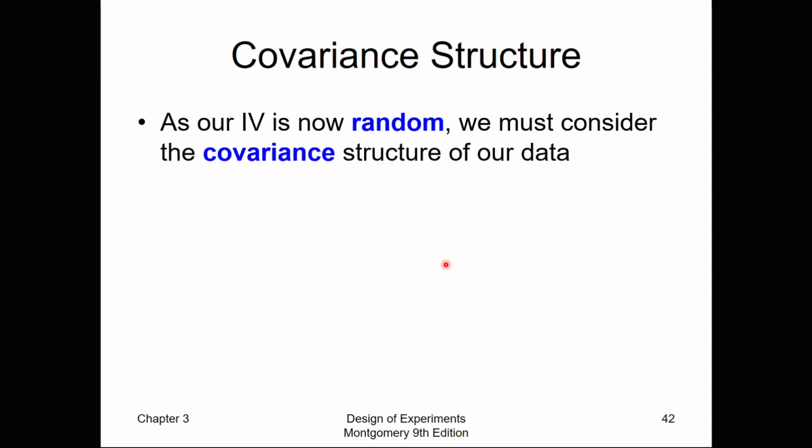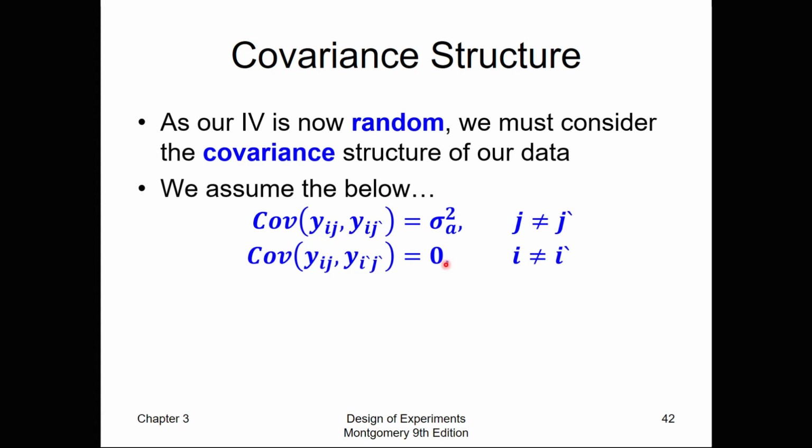Now, because of this, we have to look at covariance in the data. So we're going to assume these below covariance structures. So the covariance between an observation and an observation within the same group is the within group variance for different observations. The covariance between an observation and an observation in a different group is 0.